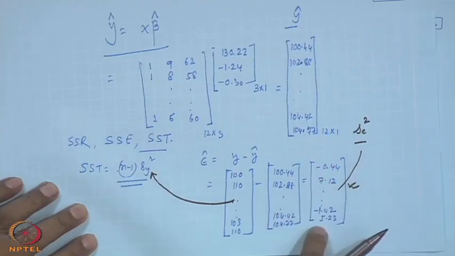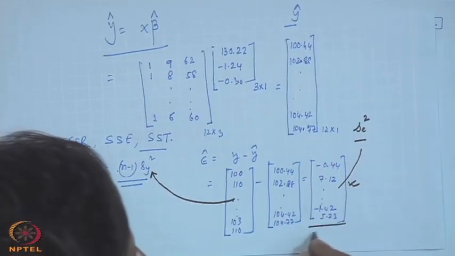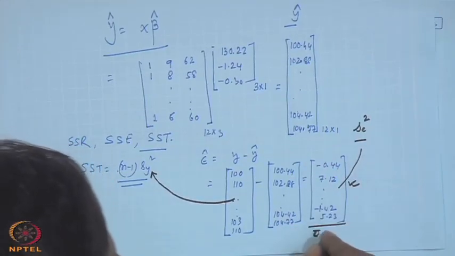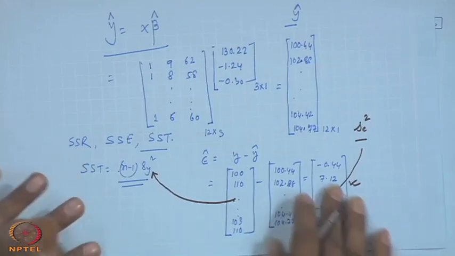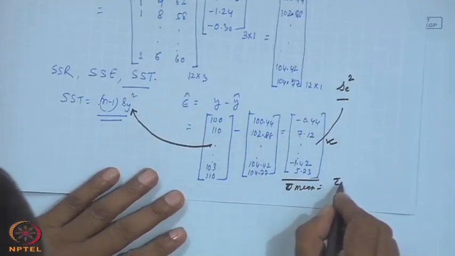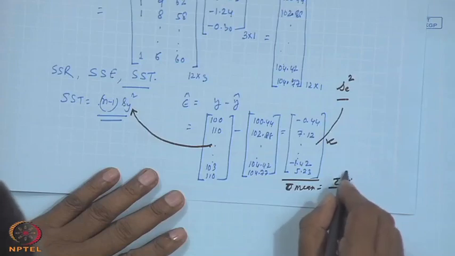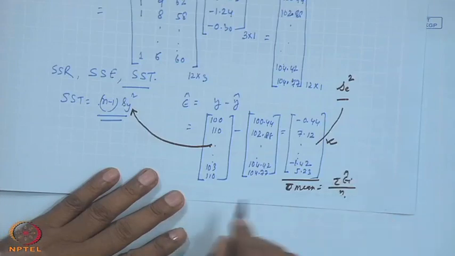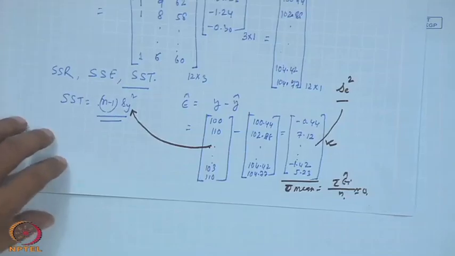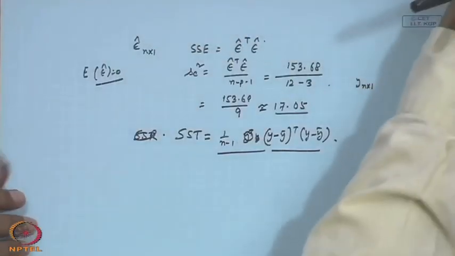So what will be the expected value? That is the mean value, the sum of this epsilon i cap by n. Theoretically it should be 0, but it may not be 0.